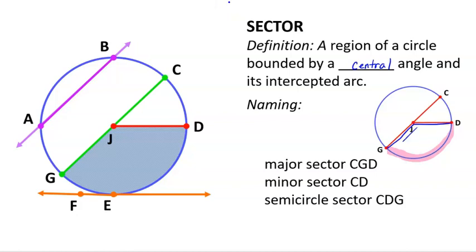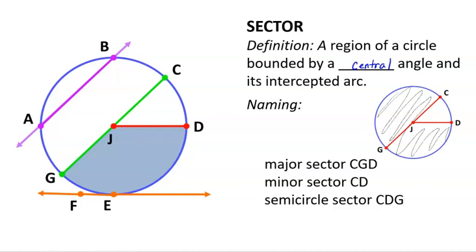And then they're talking about the area within that portion of the circle. So if I'm looking at major sector CGD, I would be talking about this piece here, and that means that your major sector is more than your semicircle.